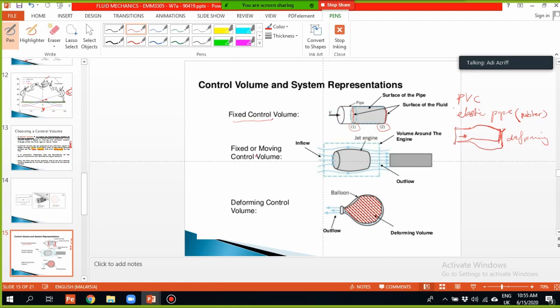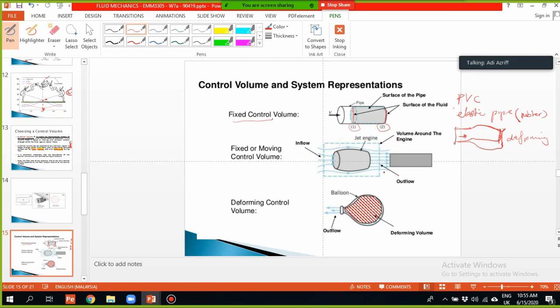The second one is fixed or moving control volume. This second picture shows, for example, a jet engine. We take this area as the control volume, where you have an inlet here. This dotted line is the control volume of the engine.